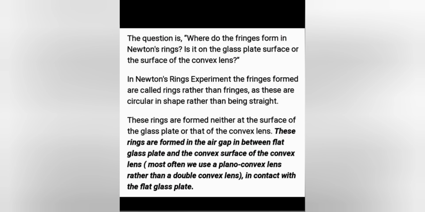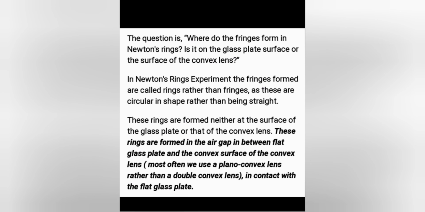Next question: where do the fringes form in Newton's ring? Is it on the glass plate surface or the surface of the convex lens? Answer: in the Newton's ring experiment, the fringes formed are called rings rather than fringes, as they are circular in shape rather than being straight.